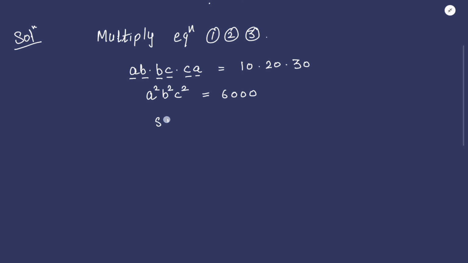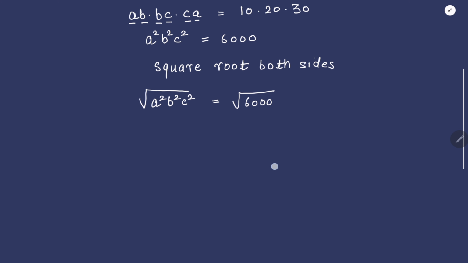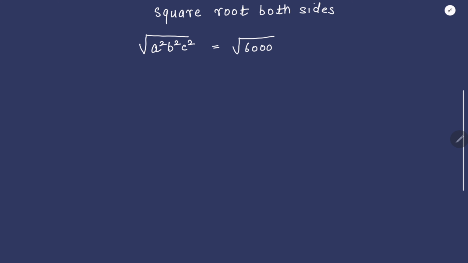I will take square root both sides. So this will become under root of A square, B square, C square and this will become under root of 6,000.